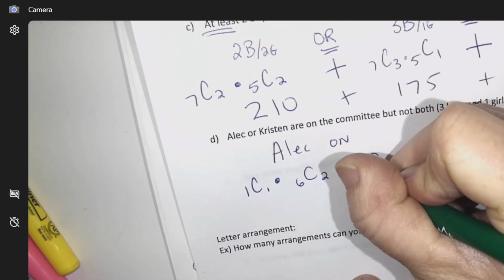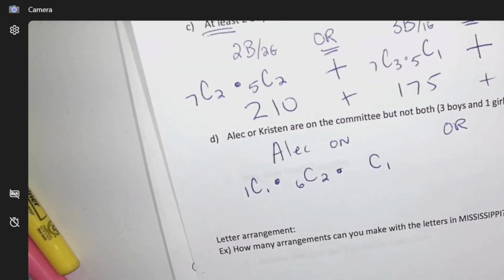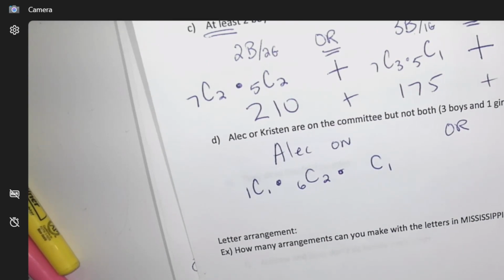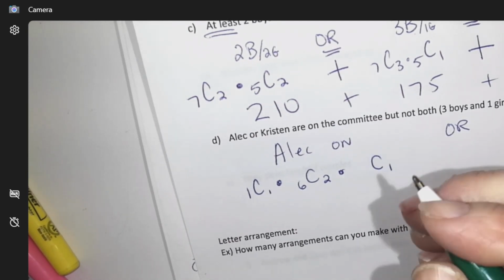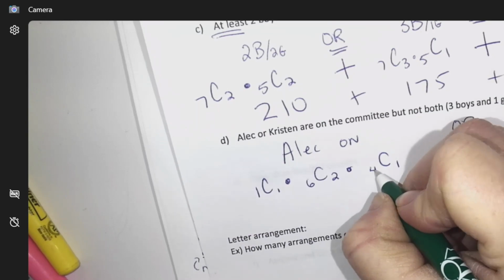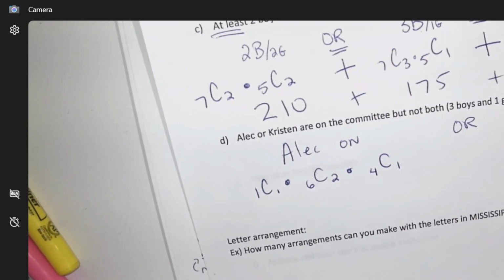Okay, I also need to choose a girl to put on this committee. And I'm not allowed to pick Kristen, so how many options for girls do I have available? Did you write 4? Does that make sense?